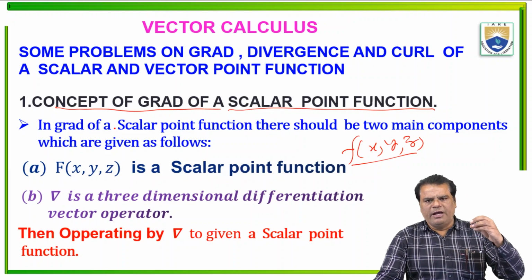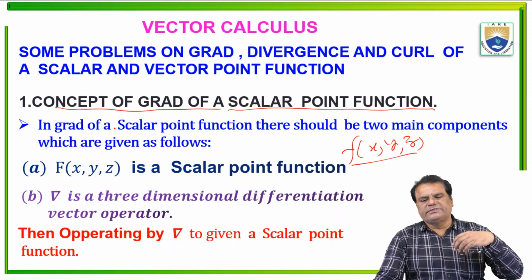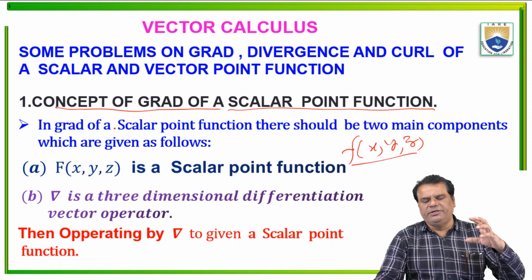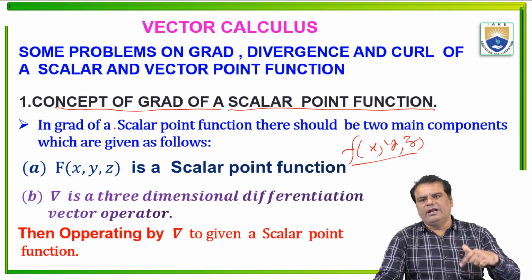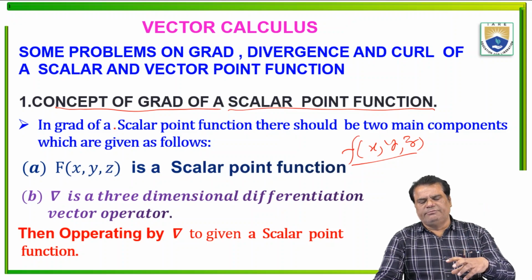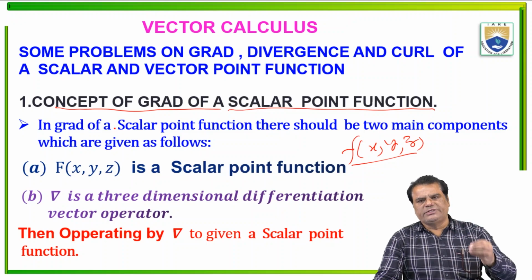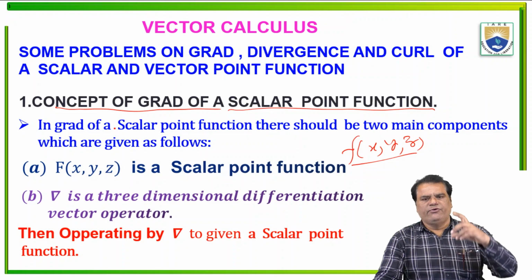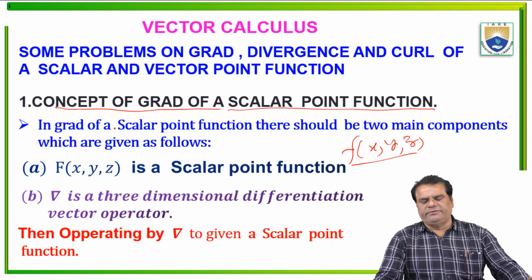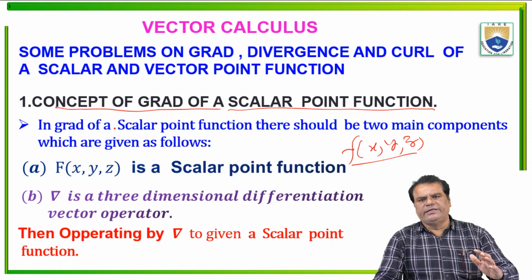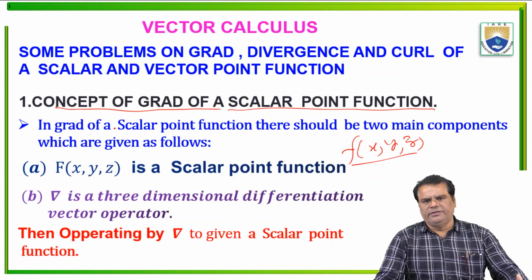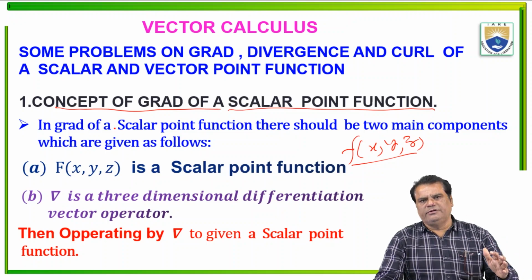This is the value of the function at some position of a point on a coordinate system. Suppose there is any point P in a coordinate system and the position is x, y, z, then the value of the function at this point is f(x, y, z). So this function is known as a scalar point function. There is no vector in this function.